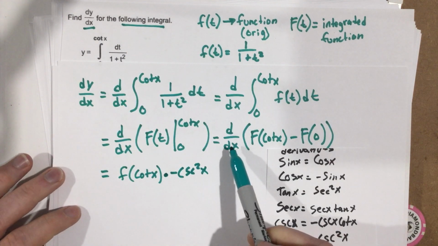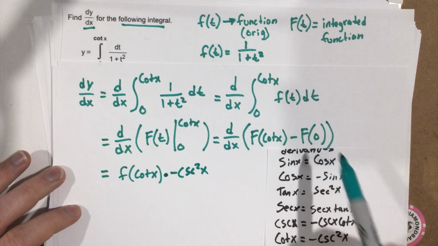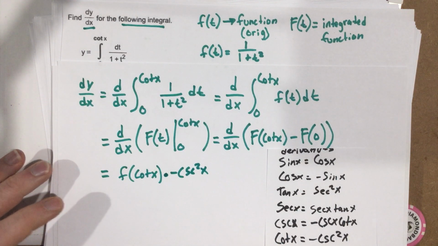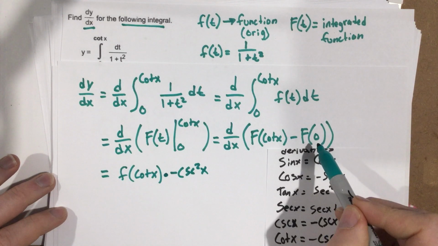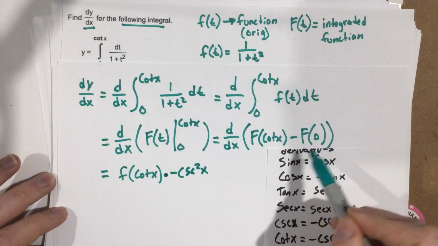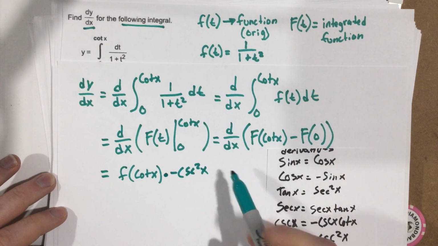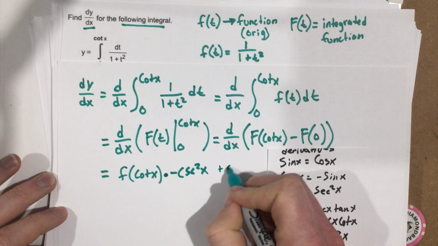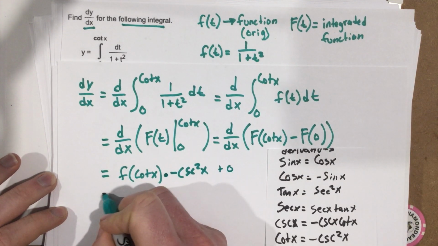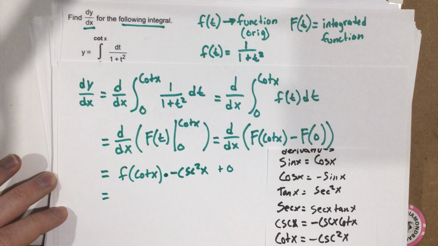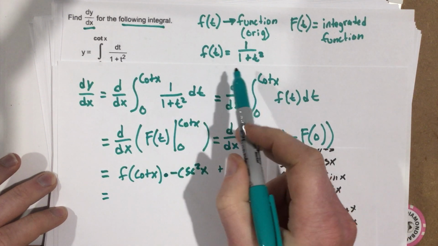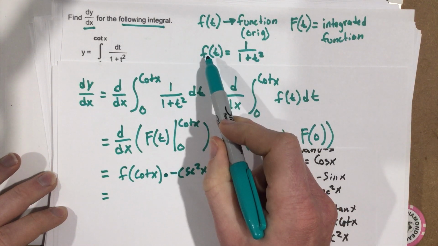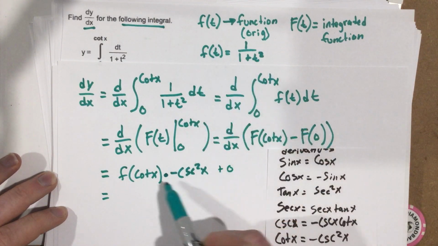Now what's nice though is I do the derivative of F of 0. Well, F of 0 is just a constant. So the derivative of F of 0 is just going to be 0. So I don't have to write anything out here. I could say plus 0 if you wanted. And then I can go through and evaluate this farther. So f of cotangent x, well, that's the original function, f of t, with an input of cotangent x.